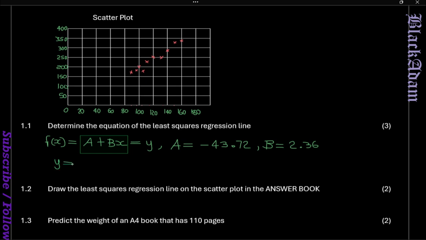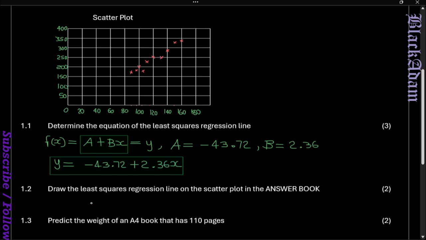Then from there you have the equation y equals negative 43.72 plus 2.36x. So that's your equation of a regression line. Okay, then say draw the line.